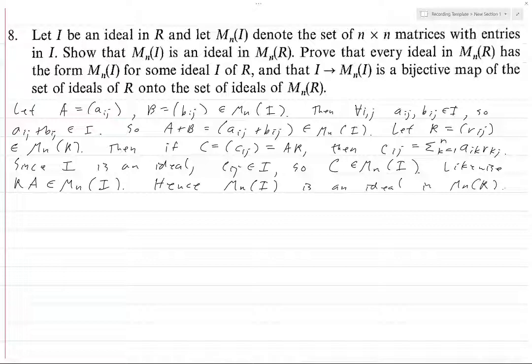Prove that every ideal has this form. This is a little more tedious. So let I be an ideal of M_n(R).